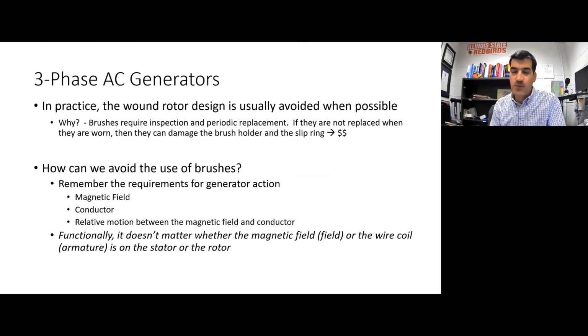When you got that warning, you didn't have to run out to the wind turbine and replace the brushes right away, but you did have to do it within a couple of weeks, or else you were going to risk damaging the machine. And it's a lot easier to replace a brush than it is to replace a whole slip ring assembly. That's a real pain in the butt to replace.